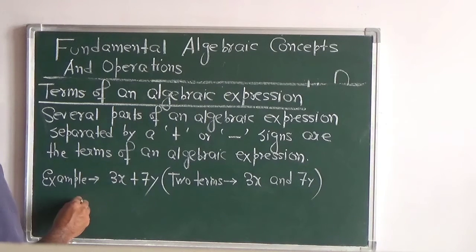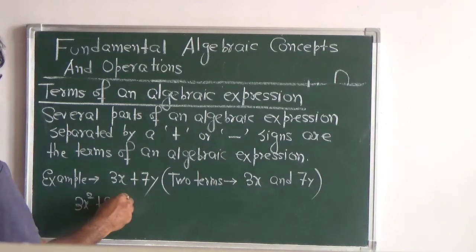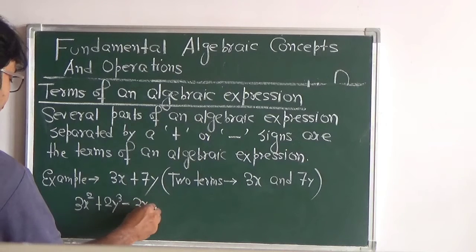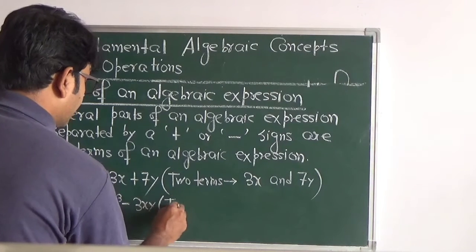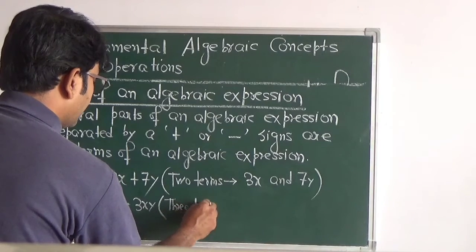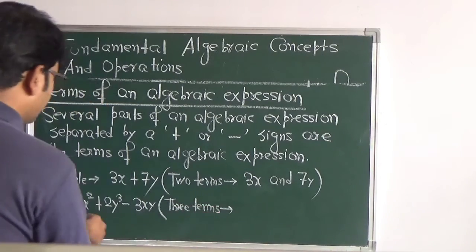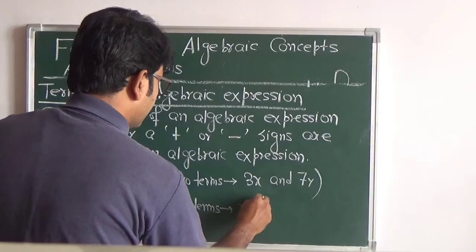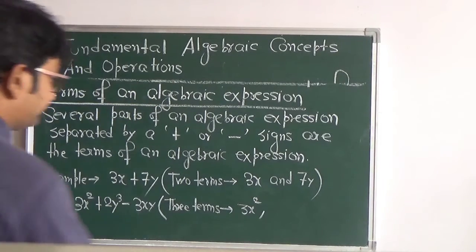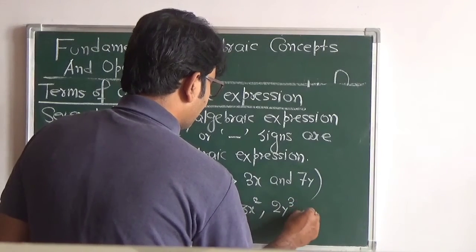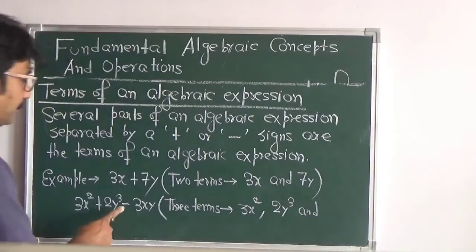Similarly, we can take another example like 3x square plus 2y cube minus 3xy. So this is also an algebraic expression, and the expression consists of three terms. Those are 3x square, then the next is 2y cube, and the last one is minus 3xy.